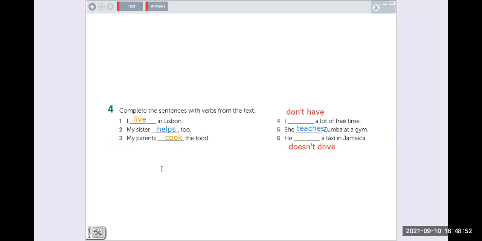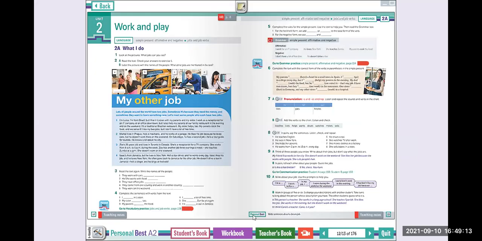Ok, entonces recuerden siempre, cuando estamos hablando de la tercera persona, aquí, my sister es she and he. Ok, necesitamos aumentar la S o cambiar el auxiliar. Ok, let's move on. Let's go to page 100.